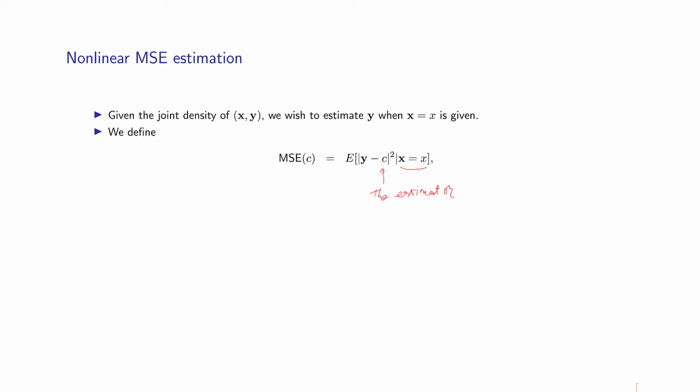Here we assume the condition that x is known to be value x, and this is the error: y minus c is equal to the estimation error.